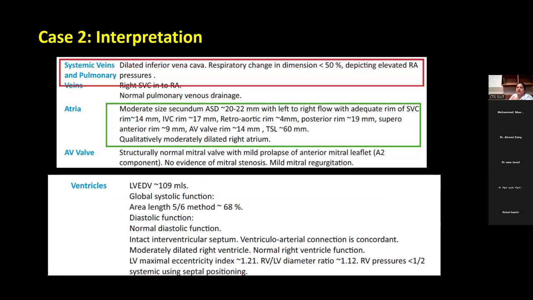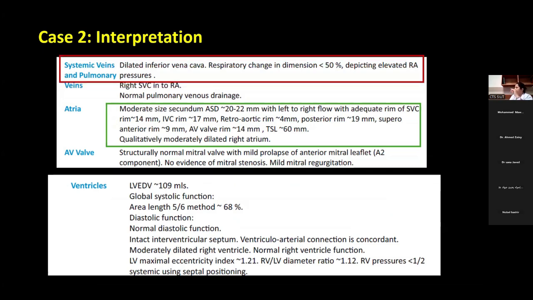But if you look at the elevated right atrial pressure and you see there is a dilated inferior vena cava, the respiratory change in dimension is less than 50%, depicting elevated RA pressure. So we have to be very cautious in this patient while interpreting and while deciding for the procedure.